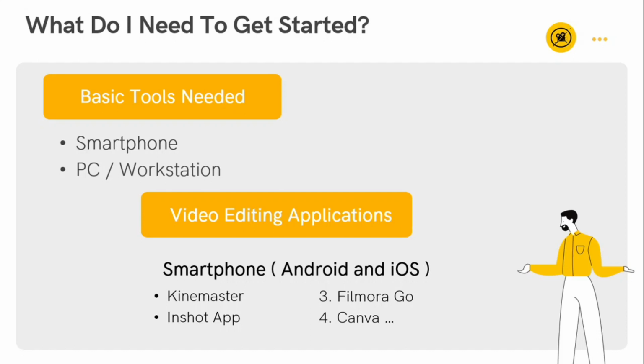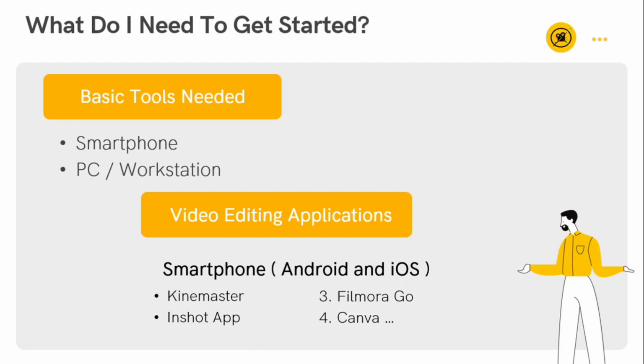You can import, cut, add special effects, and do a lot of things on KineMaster. Filmora Go also has a mobile version, but it doesn't have as many features as the one on the PC. While InShot does a similar job to KineMaster, but it has fewer features.